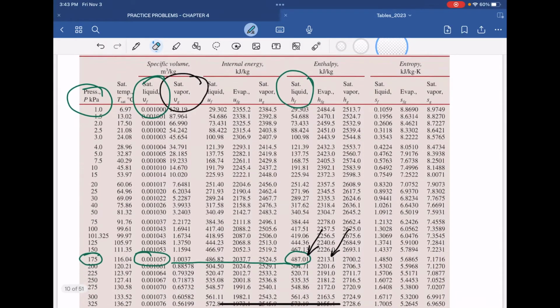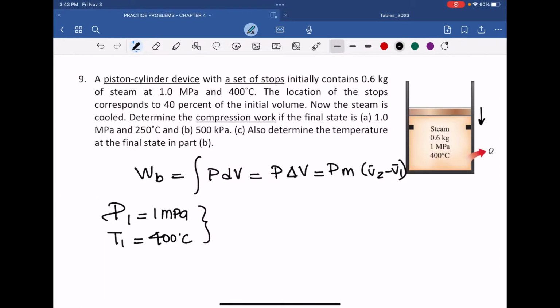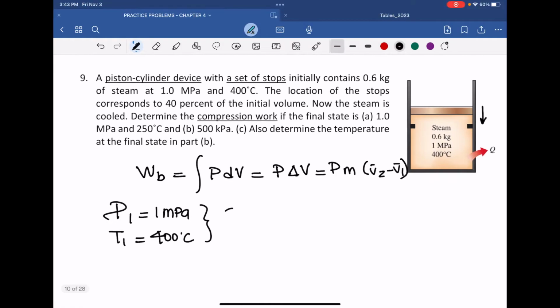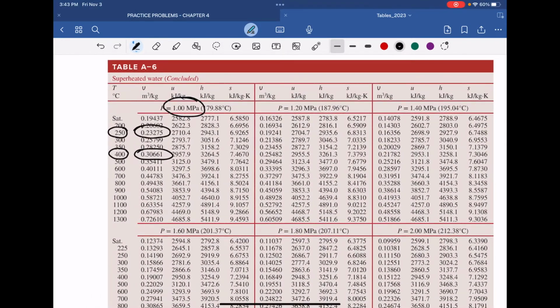They are giving me the pressure to be 1000 kilopascal, and the saturation temperature at that pressure is around 180, but our temperature is 400, so we have superheated. Now we need to look at superheated tables at 1 megapascal. At 400, we are reading what is the specific volume.